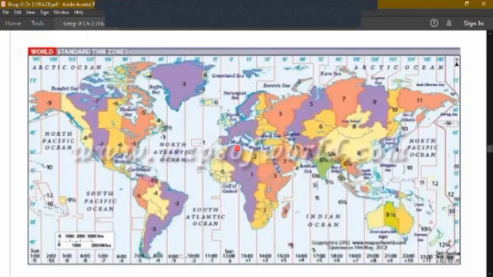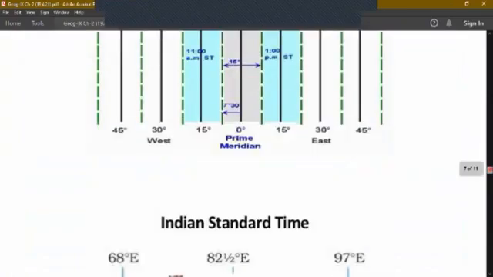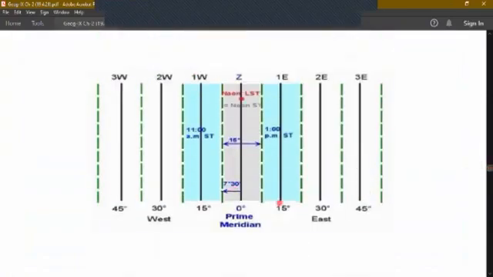Thus, if it is 12 noon at Greenwich, 15-degree east will be 1 p.m. and at 30-degree east it will be 2 p.m. So at 15-degree it will be 1 p.m. and at 30-degree east it will be 2 p.m. So there is a gap of 1 hour.